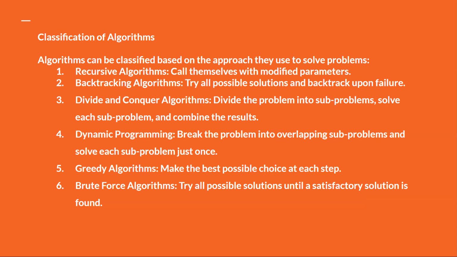The third one, divide and conquer algorithms. They divide the problem into sub-problems, solve each sub-problem, and combine their results. The fourth one, dynamic programming. Break the problem into overlapping sub-problems and solve each sub-problem just once.